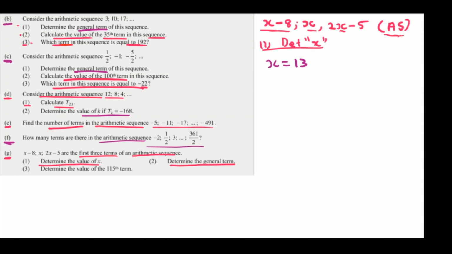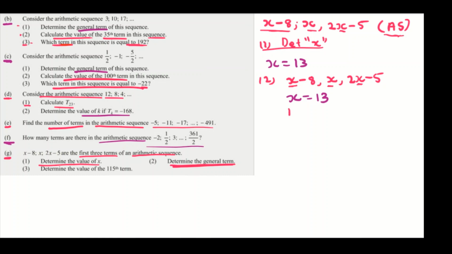Okay, so the second part of the question, we are asked to determine the general term of the sequence here. So the sequence is x minus 8, x and 2x minus 5, right? Of which we found our x value to be equal to 13. So just going to substitute that into where we see x, we're putting 13, right?